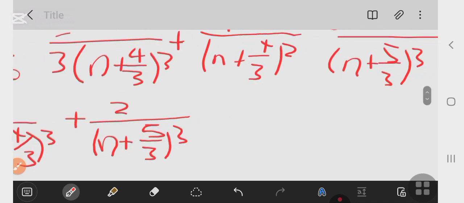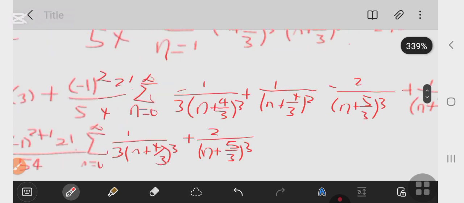Now let me give another sum for these ones that are square.